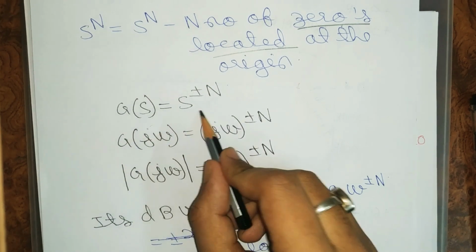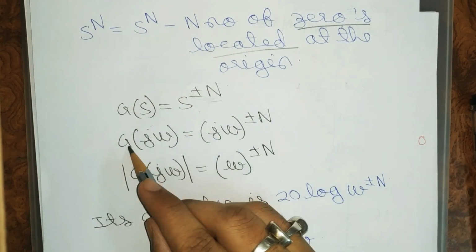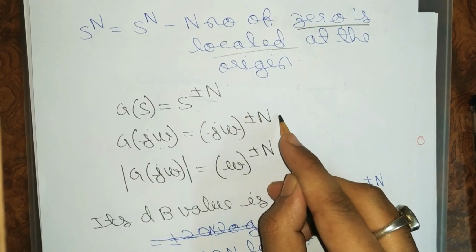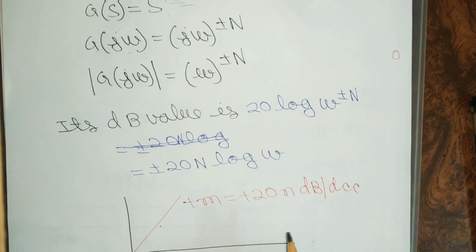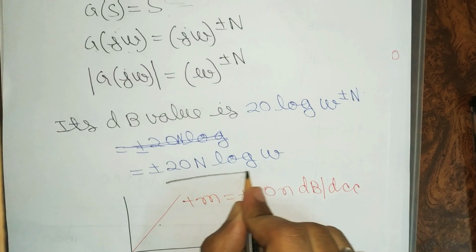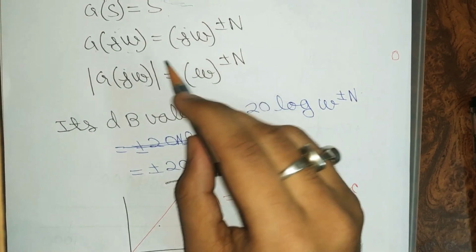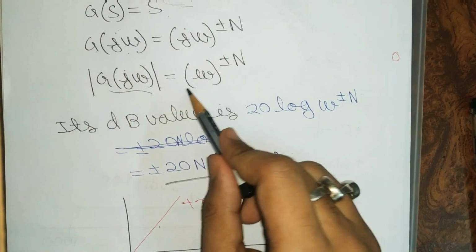G(s) is s to the power plus or minus n, so G(j omega) is (j omega) to the power plus or minus n. The mod will become omega to the power plus or minus n. For calculating it, you have to put 20 log of mod G(j omega), so in place of G(j omega) we put this value.